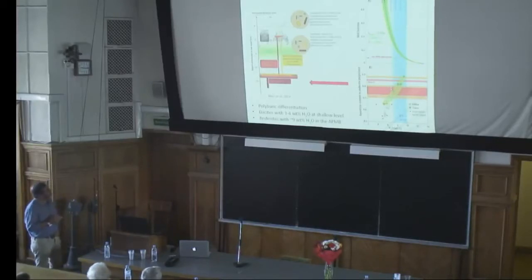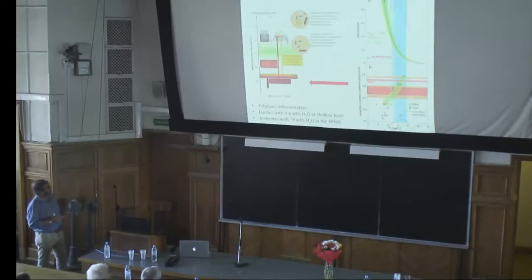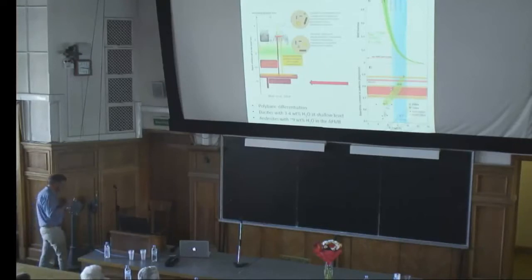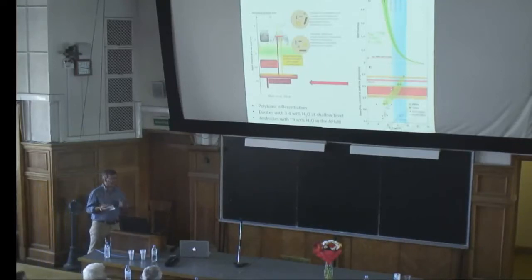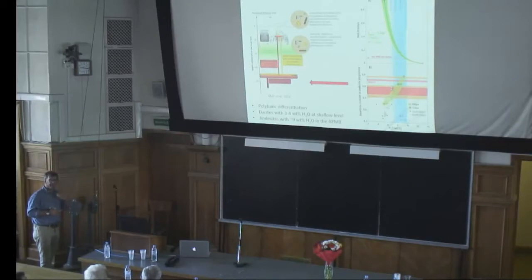The first way, which is the top plot here, is to say the conductivity of the APMB as measured by magnetotelluric surveys is 1 Siemens per meter, and we've then made measurements of the electrical conductivity of andesites with different amounts of water, andesites similar in composition to these little mafic inclusions, to see how much of that andesite we would need, what its water content would be to match the conductivity of the APMB.